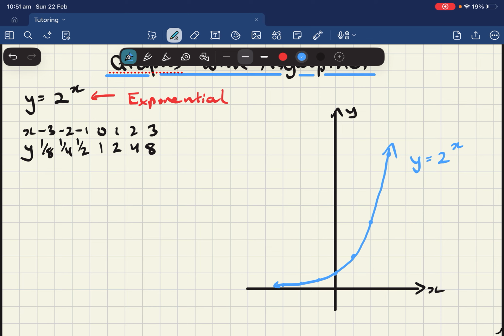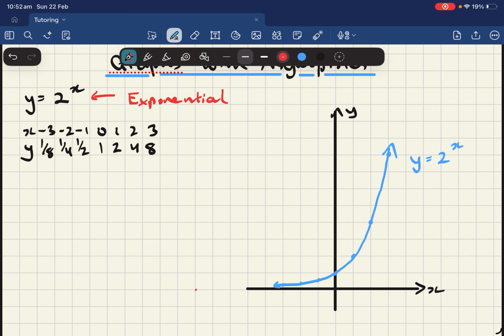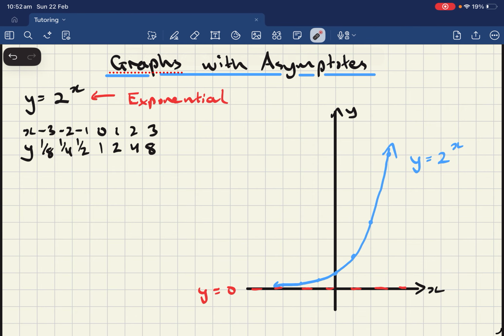So just a note on the asymptote, we can see that our asymptote is at the line y equals 0, or the x-axis. So if you imagine this line, y equals 0, which I'll do dotted in red, the graph gets closer and closer and closer to this line y equals 0 as x approaches -infinity.